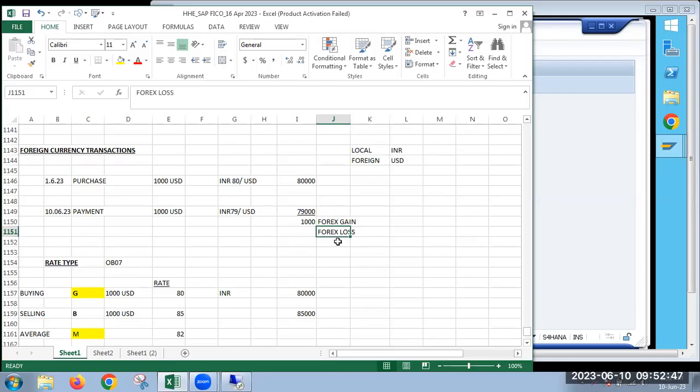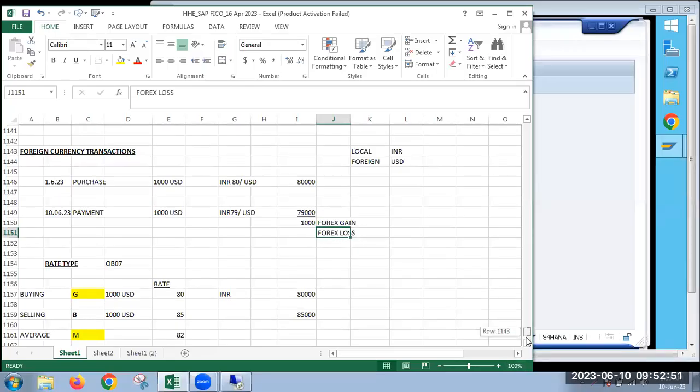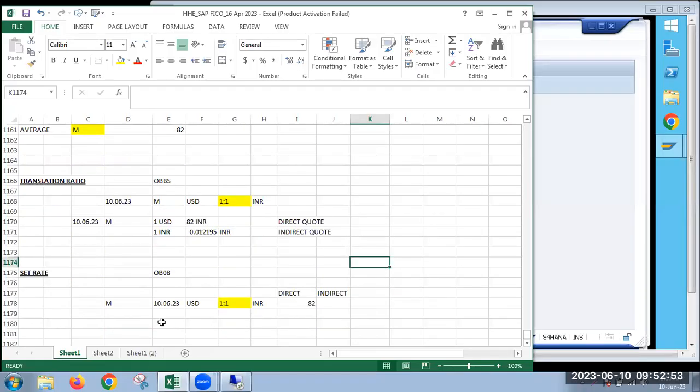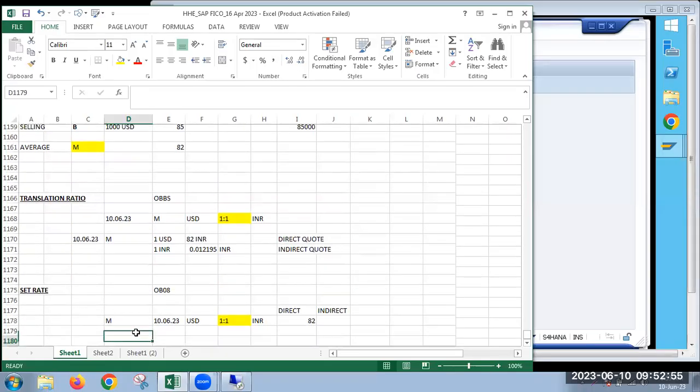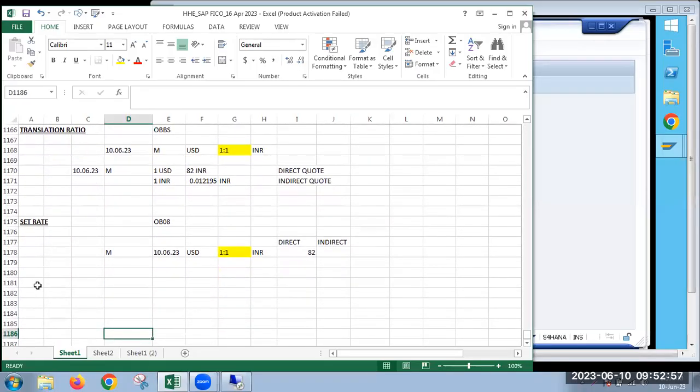We define these two accounts and assign them for automatic posting for the forex transactions. So our next configuration is to define forex GLs, and after that, we have to assign GLs for automatic posting.